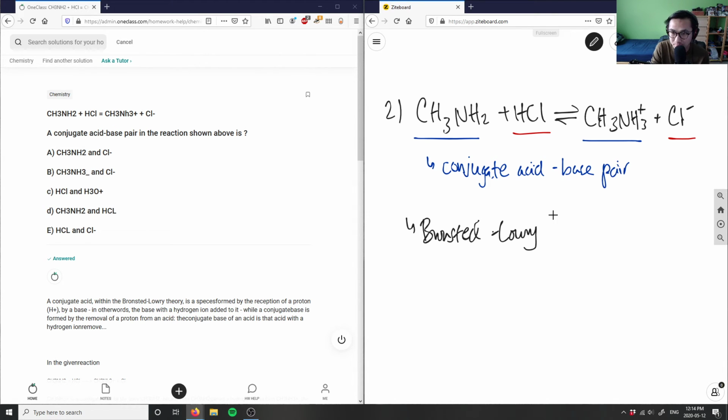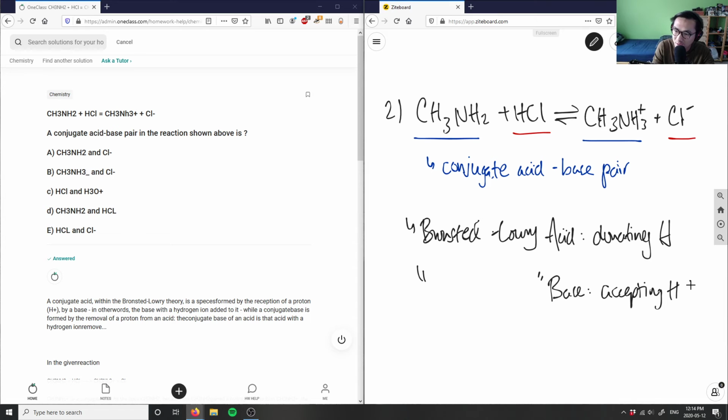So in this case, a Bronsted-Lowry acid would be donating H, and a Bronsted-Lowry base would be accepting a hydrogen proton, right? And this here is H plus.